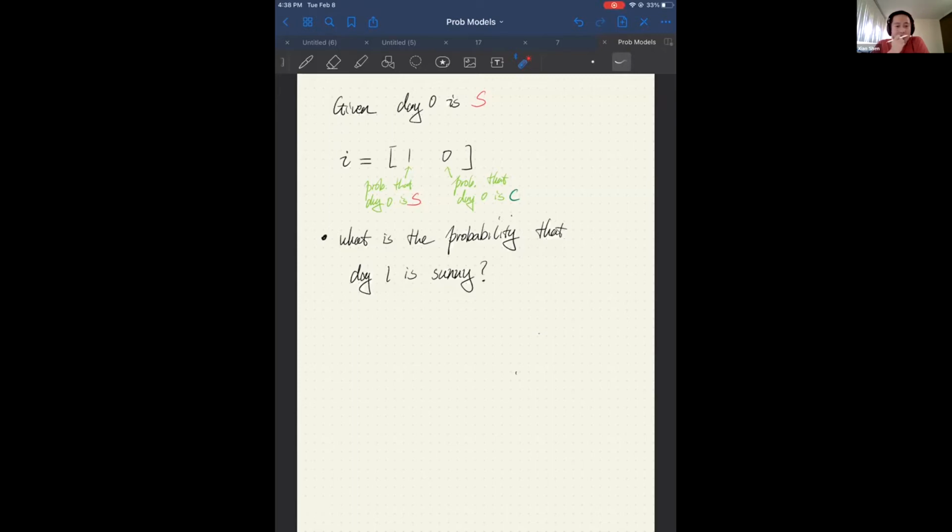Right. And in this case here, let's see. So yeah, this is day 0. And for the next part, I would like you guys to try this: what is the probability that day 1 is going to be sunny, given that day 0 is sunny? I'll give you guys maybe a few seconds to think about this, and then you can just write your answer in the chat.